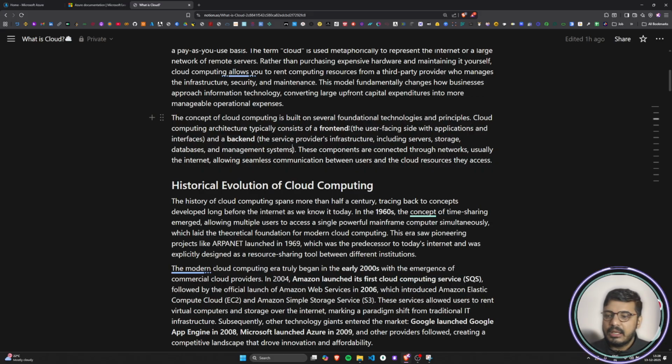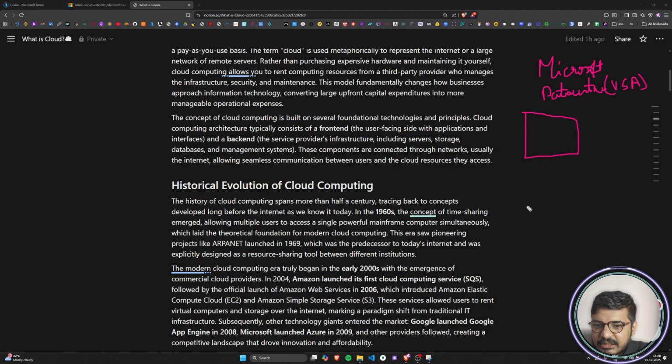So let's suppose this is a Microsoft data center, present in the USA. I am sitting here in India. So this is Vishal, and Vishal is sitting in India. What Vishal requires is a laptop, and using his laptop, Vishal will go to, let's say, azure.com.